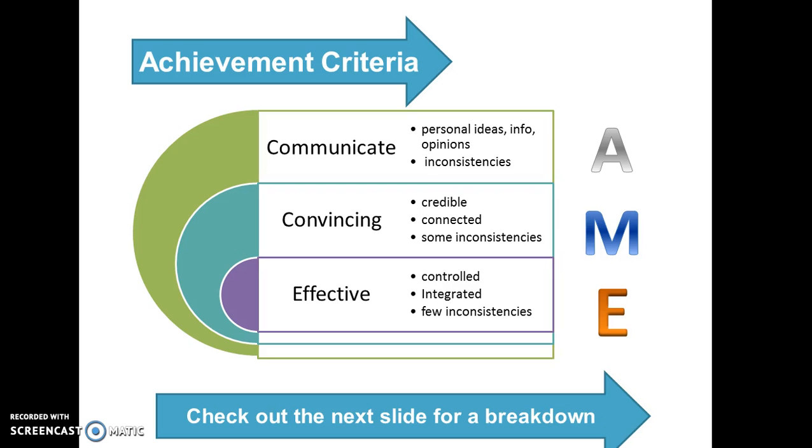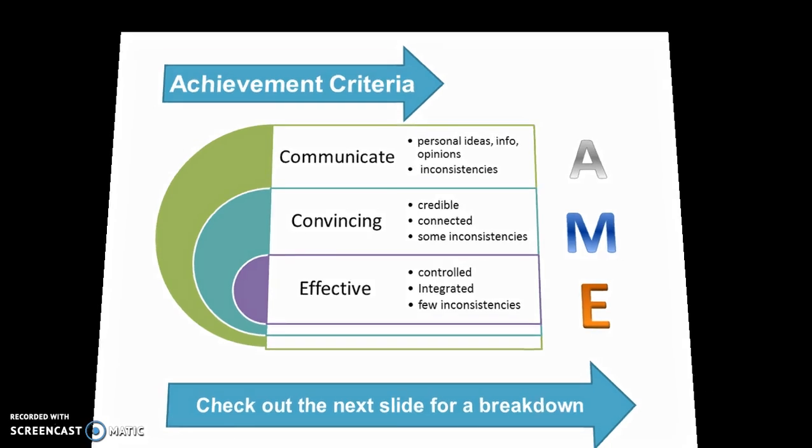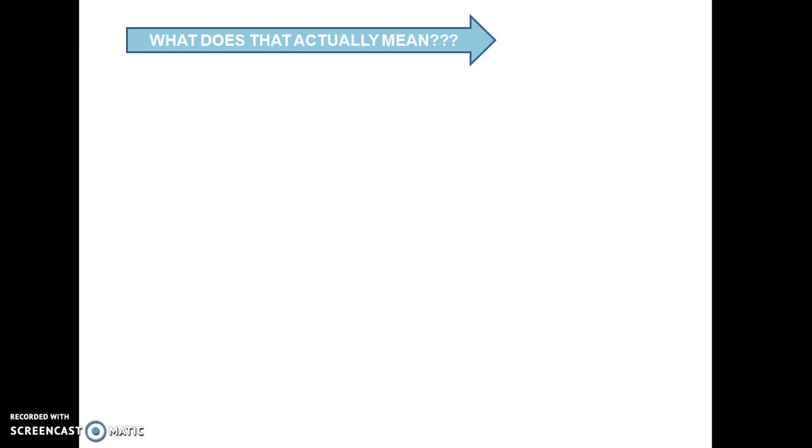At the level of merit, you will communicate personal ideas, but your communication will be more credible and connected, still with some inconsistencies. At the level of excellence, your communication will be controlled and integrated with few inconsistencies. It will be effective. Let's have a look at the next slide to see what those words mean.